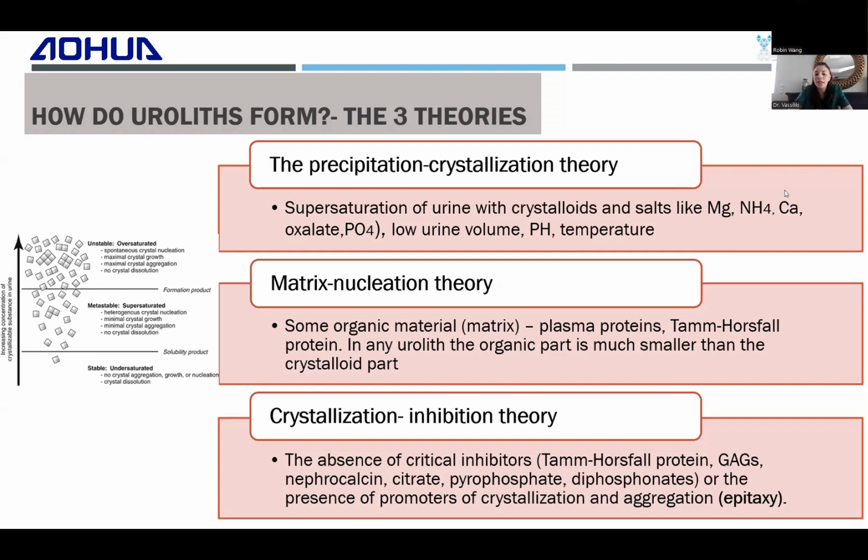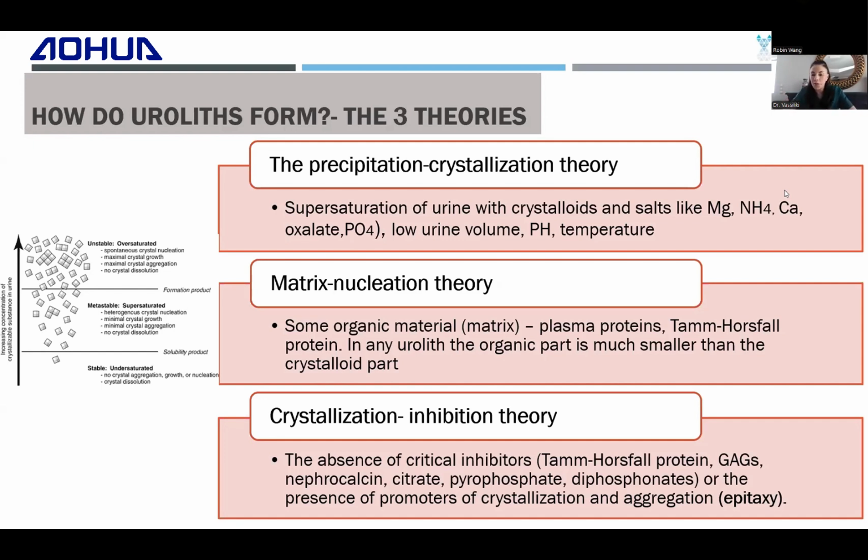And then we have the crystallization inhibitory theory, where there is an absence of critical inhibitors like the Tamm-Horsfall proteins and the glycosaminoglycans. You know that the GAGs were actually a therapeutic measure for feline idiopathic cystitis syndrome, because we knew that the lack of them could predispose to urolith formation.